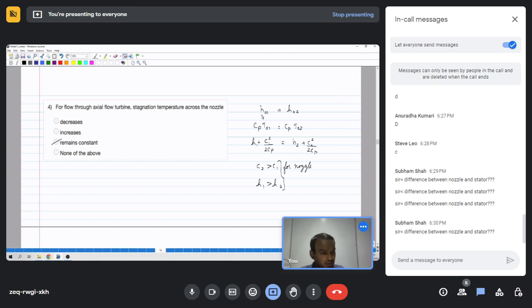Across a nozzle, in both nozzle and stator, this is the same. The stagnation conditions remain the same. The stator, that is used in compressors, is used to increase the pressure. So for compressor, the objective is to increase the pressure, right?